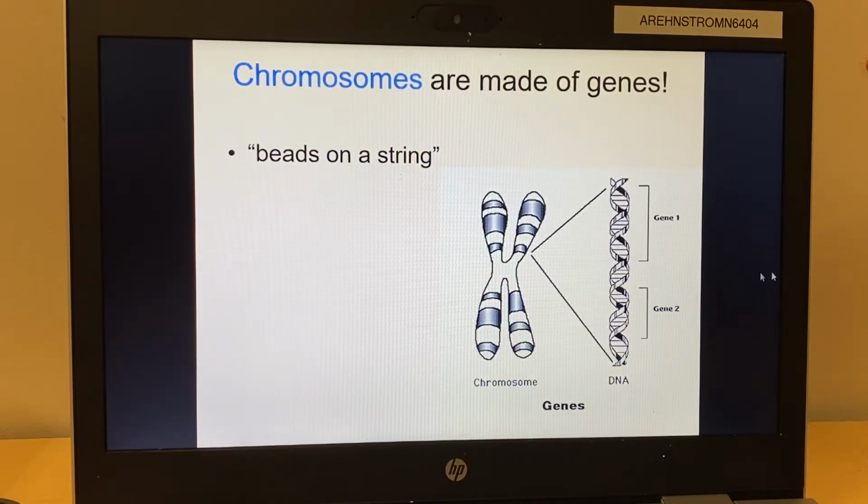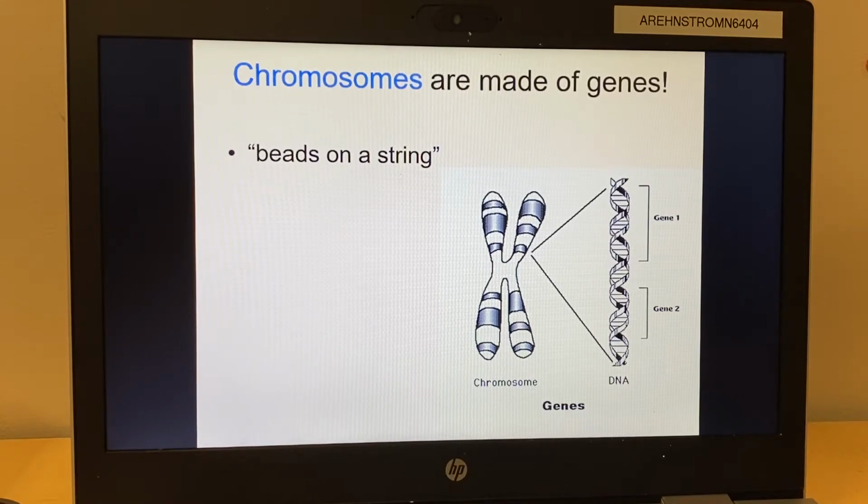So for example, if we look at a typical eukaryotic chromosome, a lot of the time it has this banded appearance. And if you were to look at the DNA really closely, you'd see genes right next to each other, and they might have little spacer regions.